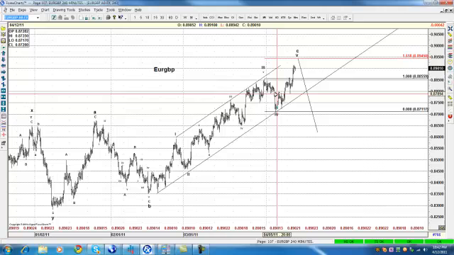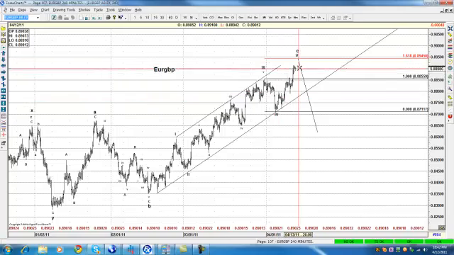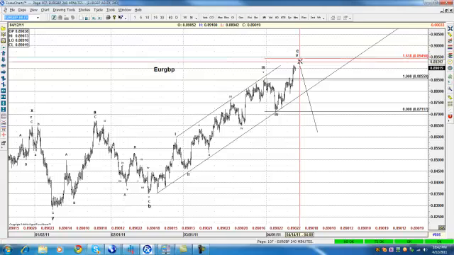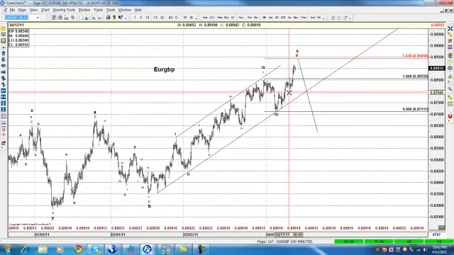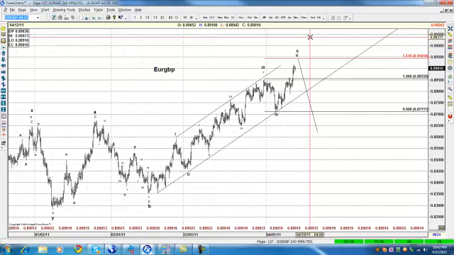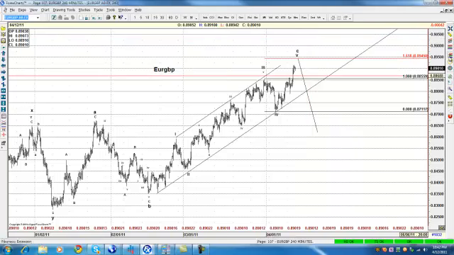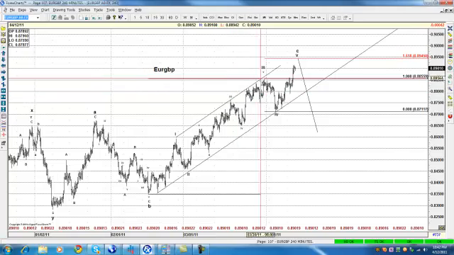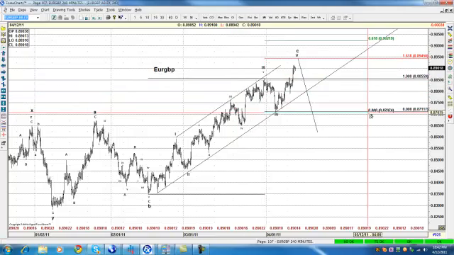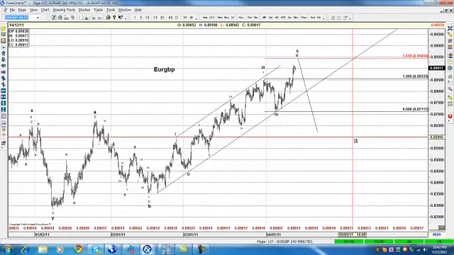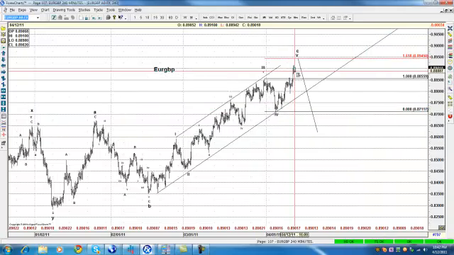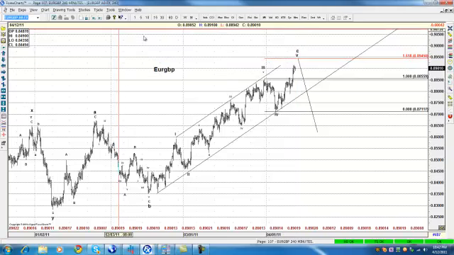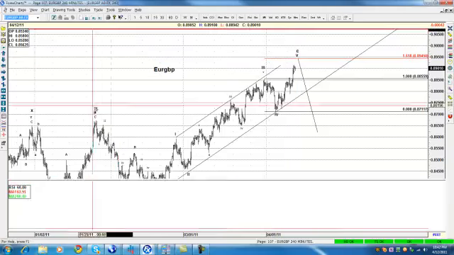It can be seen as 1, 2, 3, 4, 5, and then that move is going to go to around 89.45, or it can be seen like 1, 2, 1, 2, and now it's going to start going higher. If that's the case, this pair can reach the 90.21 area very easily. So keep that in mind, but I still believe we should get one more high in this pair.